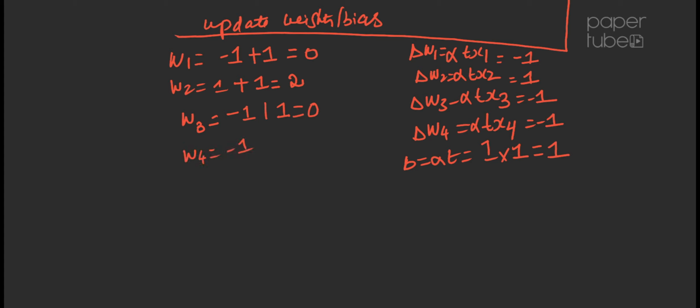W4 -1 plus the old, it's plus -1, so this is +1 plus -1, that's equal to 0. And then B is equal to the old bias is equal to 1 and the new bias is equal to 1. That makes 1 plus 1, that's equal to 2.